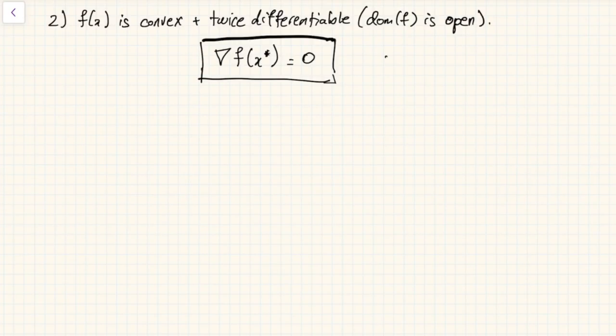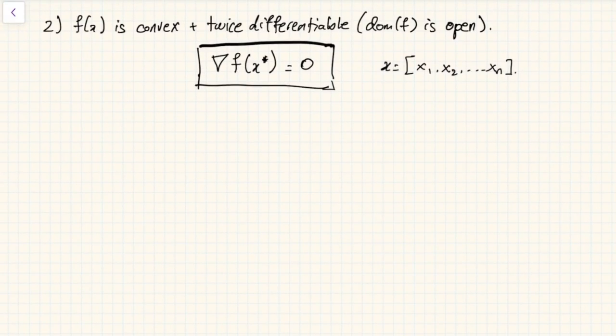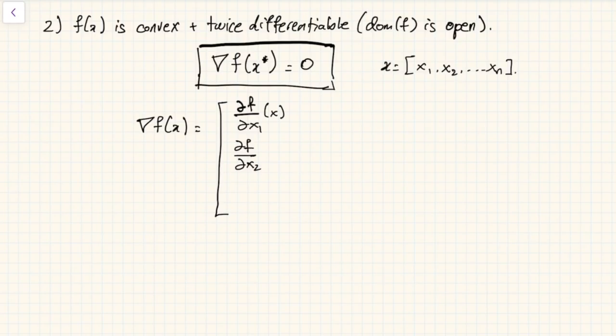So my x in general is a vector containing x1, x2, down to xn, right? And so the gradient, using the definition, is given as such. The gradient of f at x is the partial derivative of f with respect to x1 evaluated at x, the same thing with respect to x2 evaluated at x, all the way down to the partial derivative with respect to xn evaluated at x.